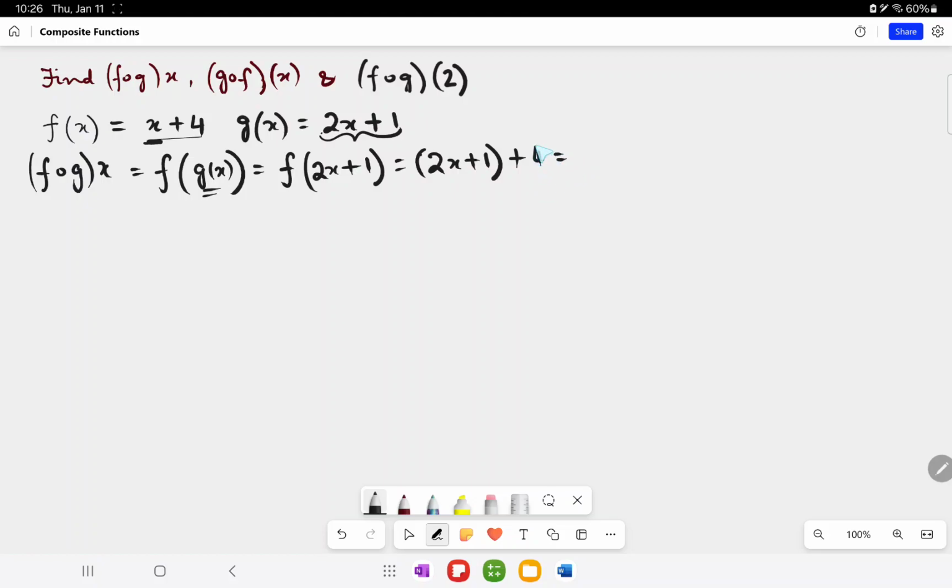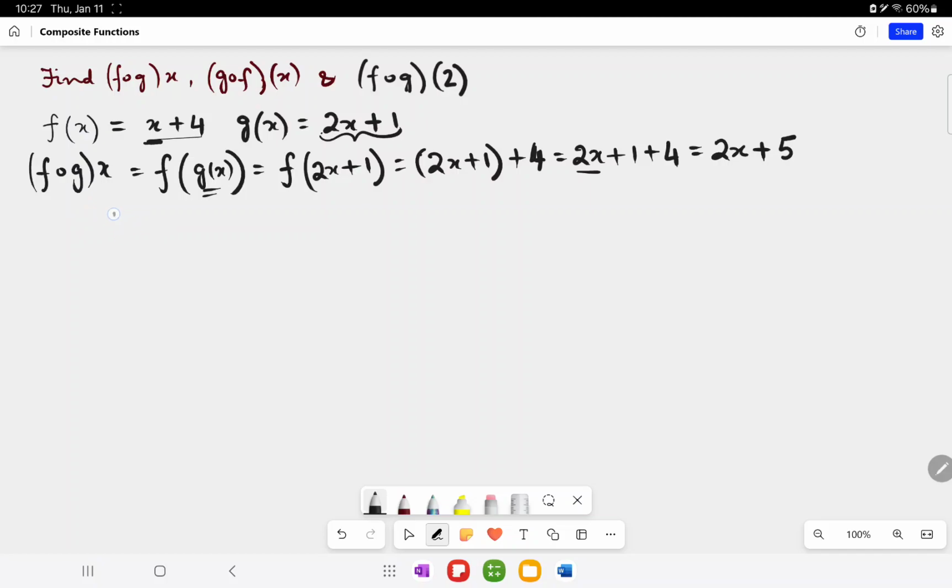And now once we got that, we have to simplify this whole expression. If I take off the brackets, then it's 2x plus 1 plus 4, and then we see what we can combine here. 2x stays by itself, there's nothing that we can combine it with, but 1 plus 4 is 5, so 2x plus 5 is what we get when we compose f of g of x.